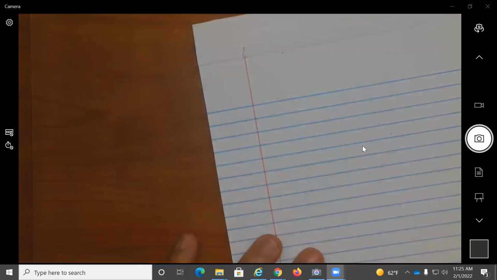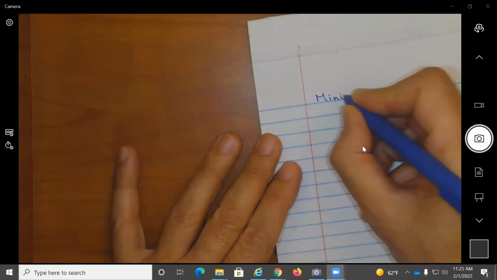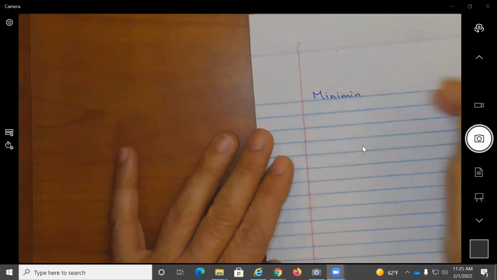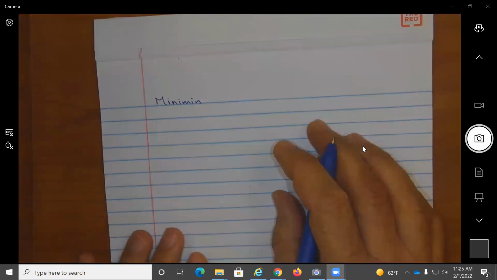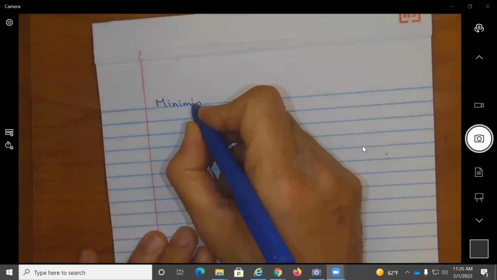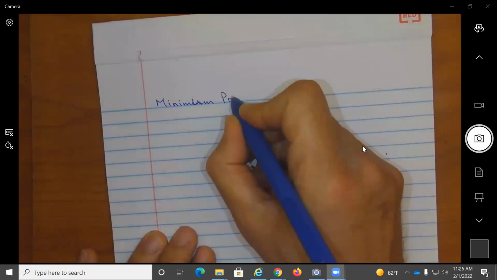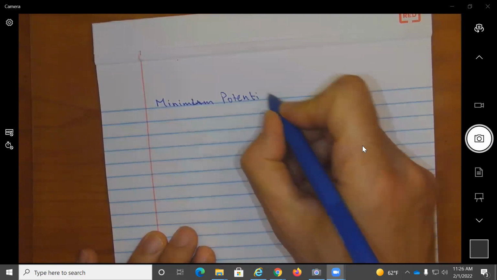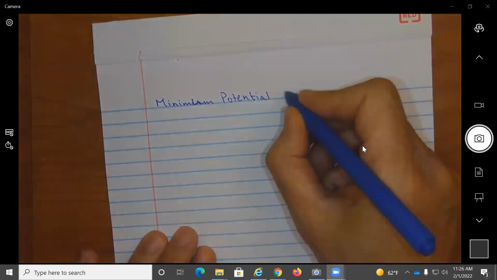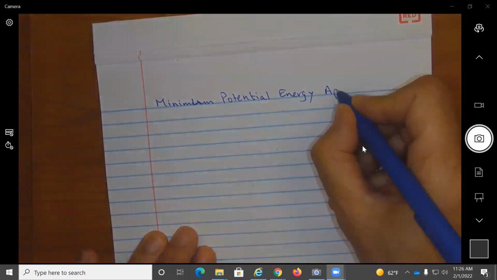So now we understand where we're at and where we're heading. Okay. So the energy method that we're going to use for variational is going to be the minimum potential energy approach.